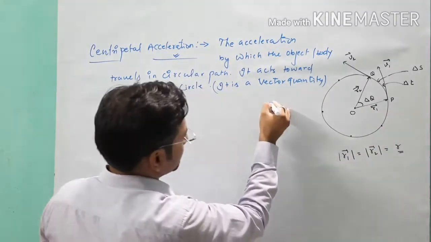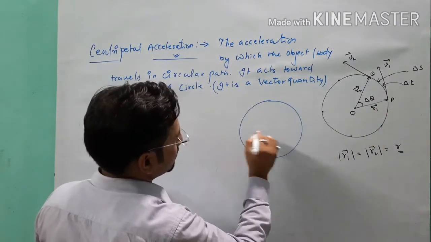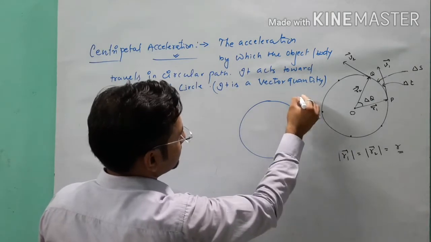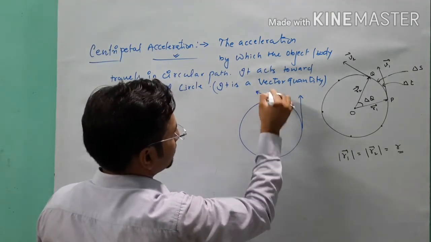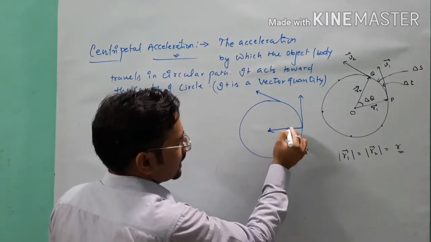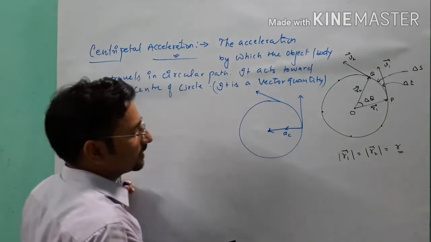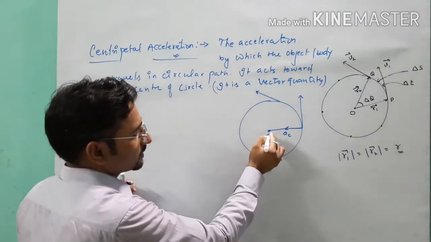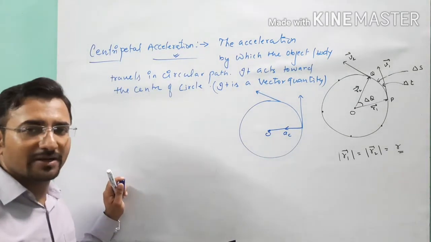It means that if an object is in circular motion with different velocities but constant speed, that time the acceleration which acts toward the center of the circular path is called centripetal acceleration.